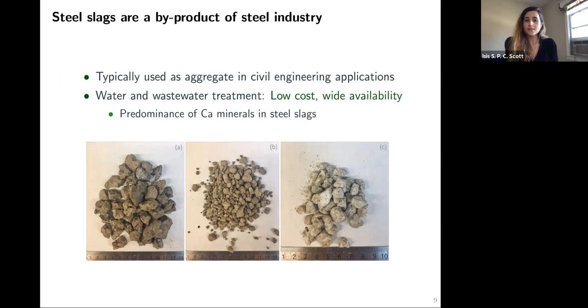In recent years, there has been an increasing interest in using steel slag for water and wastewater treatment due to its low cost and wide availability. Specifically for phosphorus, we are interested in steel slag because of the predominance of calcium minerals in its composition. And in this picture here, I'm showing you how different steel slag samples look.